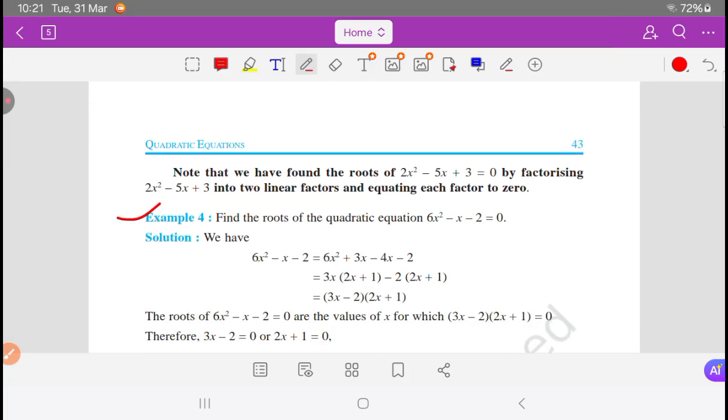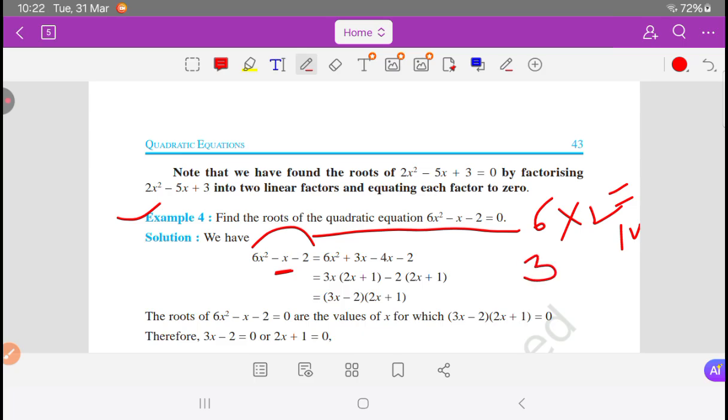Then another example, find the roots of the quadratic equation 6x square minus x minus 2 equal to 0. So the middle term can be written as, see, 6 into 2 is 12.